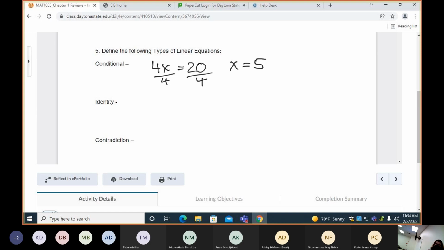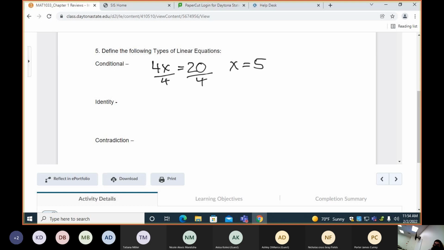So an identity, can somebody come up with an example of an identity? Is that one where it's like x plus 3 equals negative x minus 3?